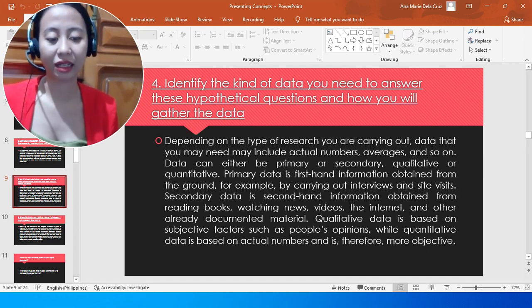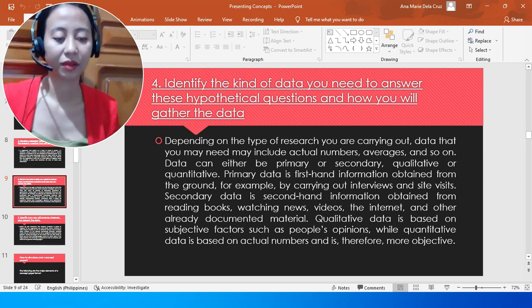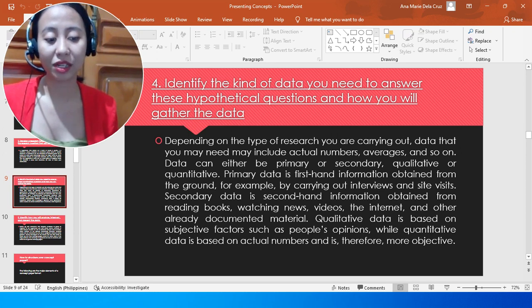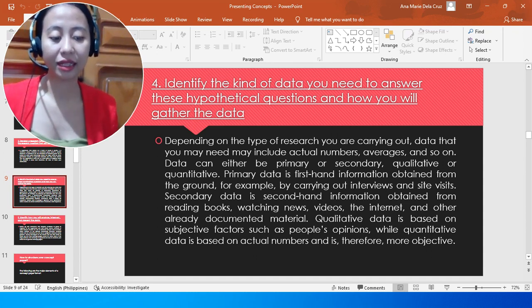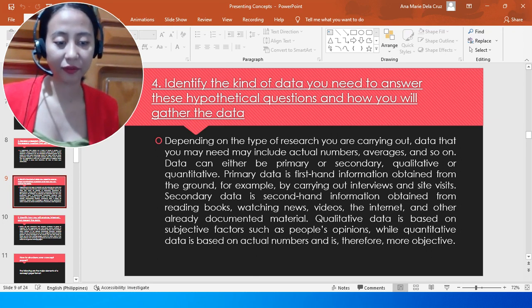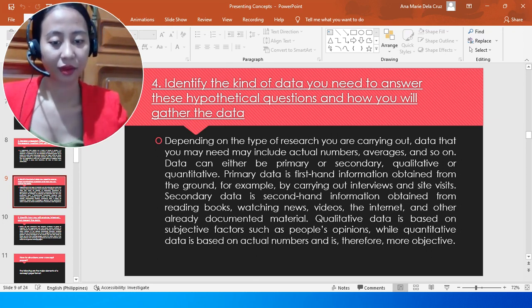Okay, that is secondary data. Qualitative data is based on subjective factors such as people's opinions. That is quality, okay? While quantitative data is based on actual numbers and is therefore more objective. Okay, did you get it?